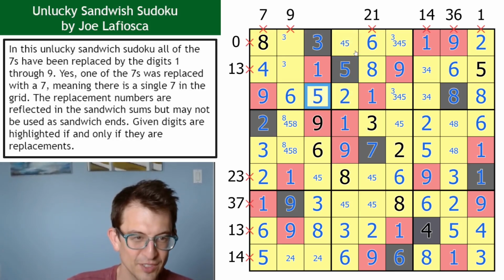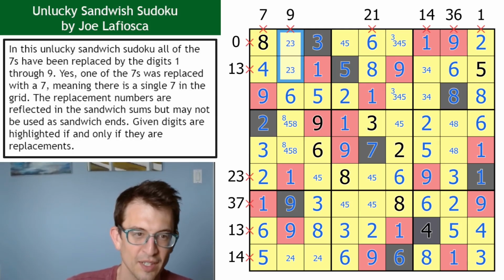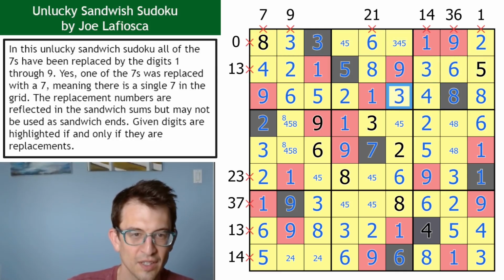There we go. That's 2. This is a 3, 4 pair. Nope. It's not a 3, 4 pair. It is a 3, 2 pair, which I know. 4, 5.